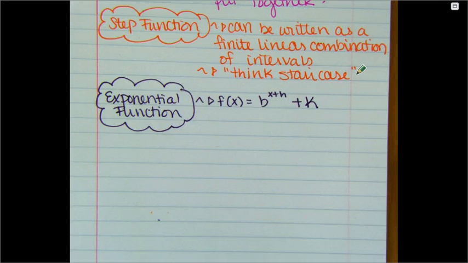Growth is when b is greater than 1. When your base is greater than 1, in other words, a whole number. It could be, though, that we have 4/3. 4/3 is bigger than 1, right? So even though it's a fraction, that's still growth because it's greater than 1. If b is a fraction between 0 and 1, then it's decay. So it's either going to go this way for decay or this way for growth. I feel backwards. Okay? So b greater than 1 means your base is greater than 1.